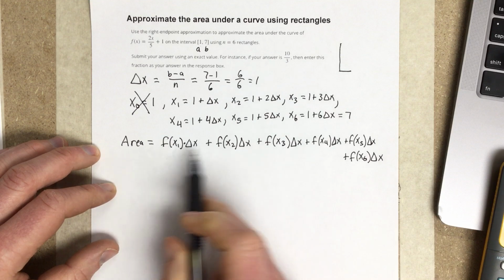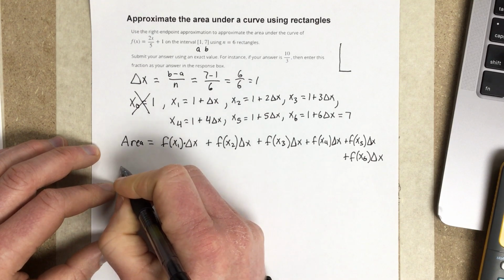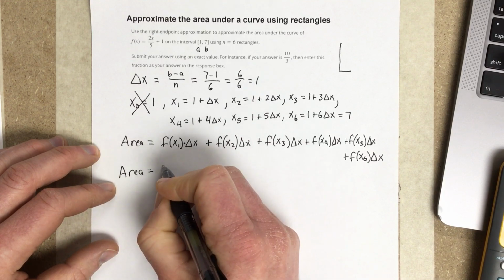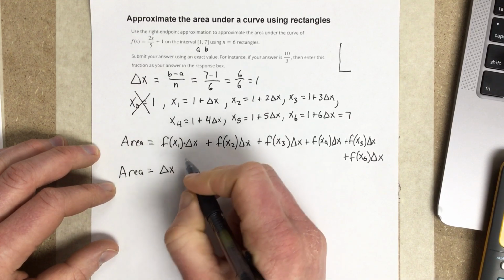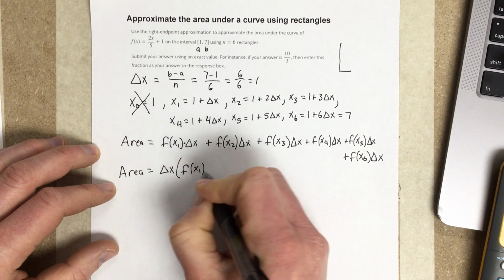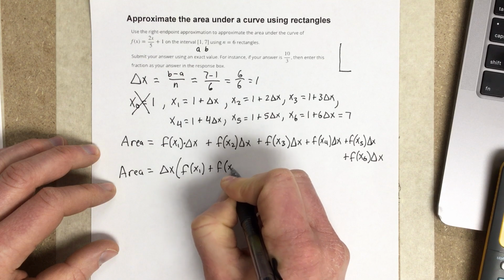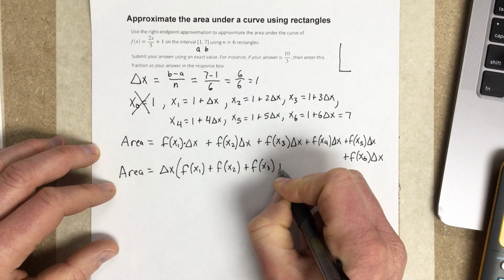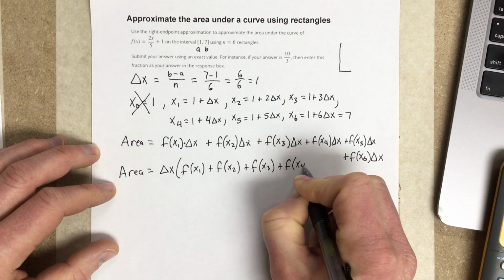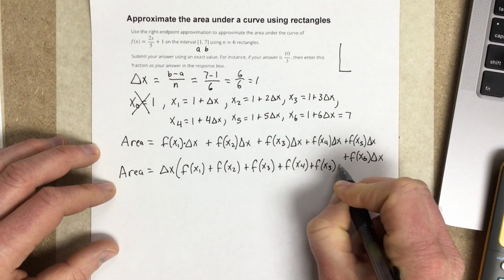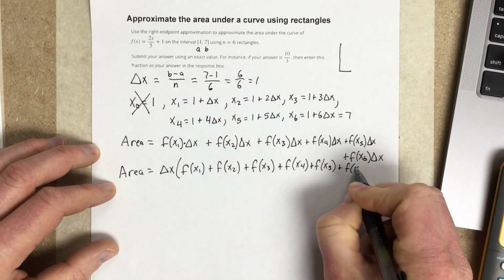Now I'm actually going to factor change of x out. So I'm going to say that the area is equal to change of x, when I factor that out, times f of x1 plus f of x2 plus f of x3 plus f of x4 plus f of x5 plus f of x6.